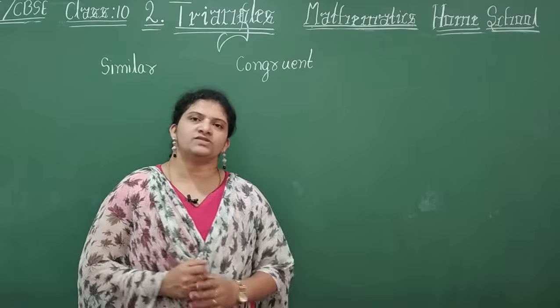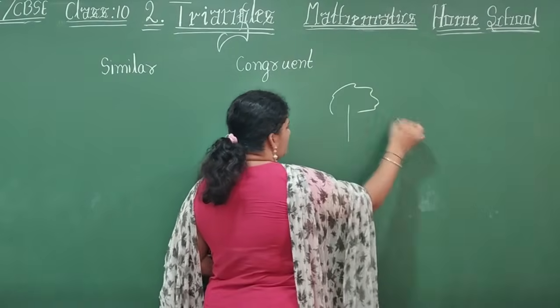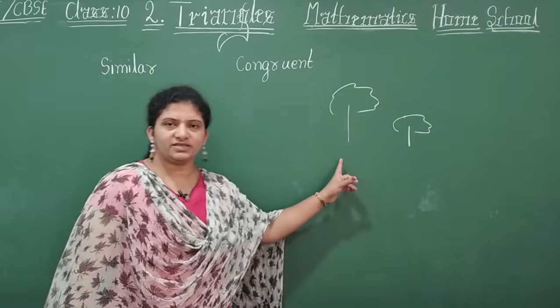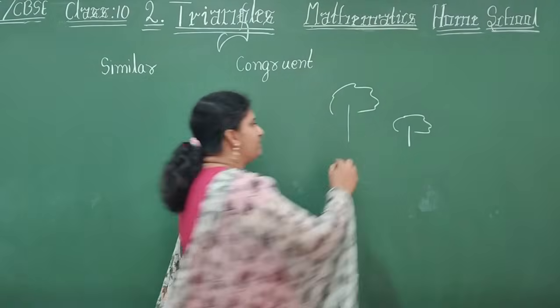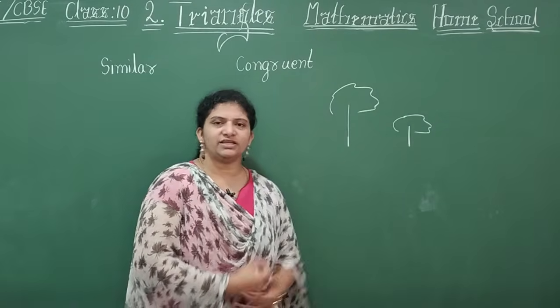Suppose when we observe something, look here, children. What are these two here? This is one big tree, right? This is one small tree, you can see. So what can I say? Does the name change?